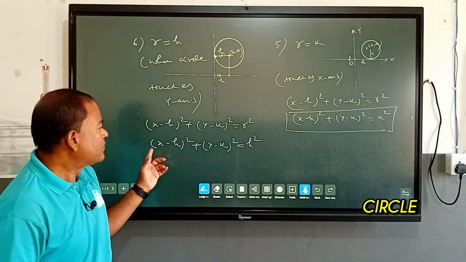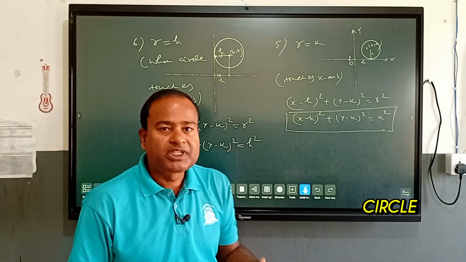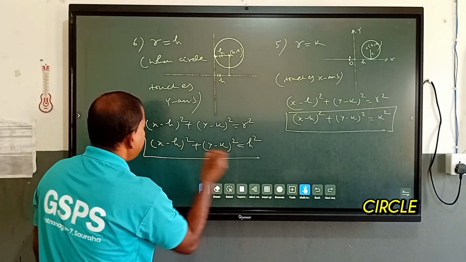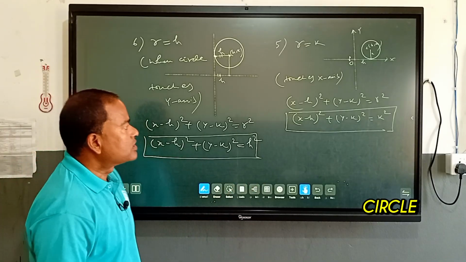In that case the equation of the circle will be x minus h whole square plus y minus k whole square equals h square.